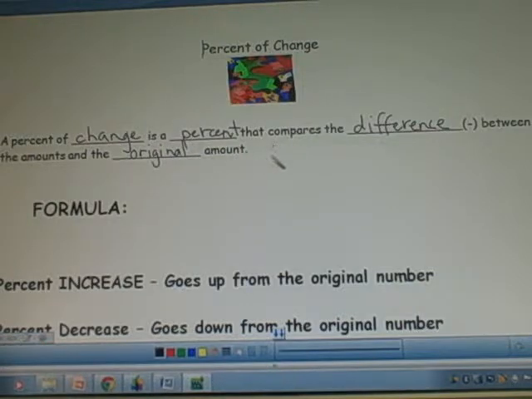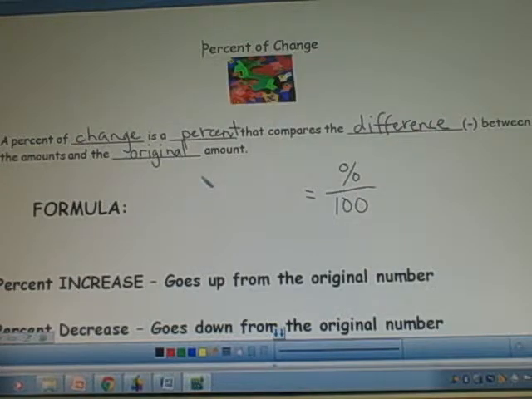A good example would be your benchmark test. If you scored a certain number correct on your benchmark test, and then on the next test you got another amount right, we wanted to know what the percent increase is. Your formula is still is over of equals the percent over 100, but we need to find one additional step, the difference.